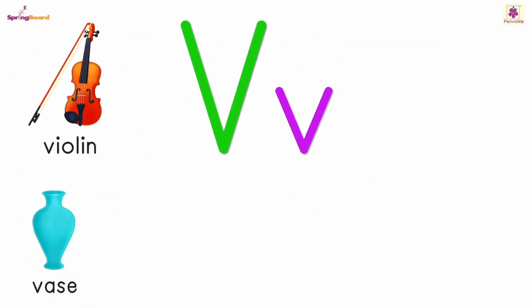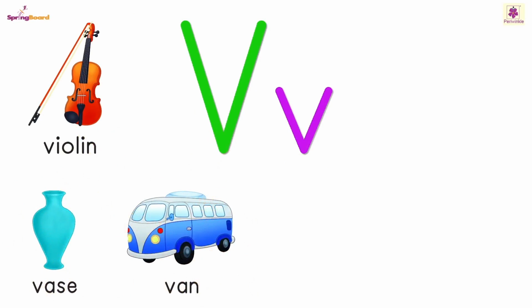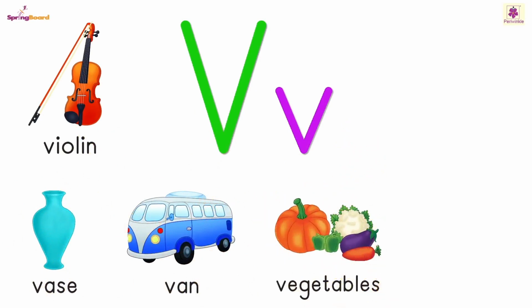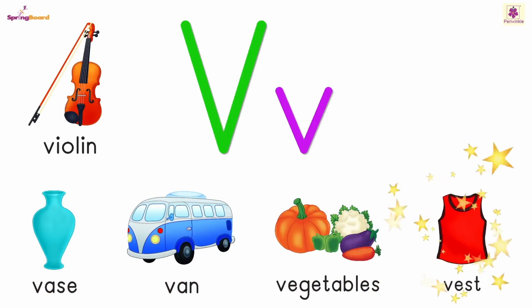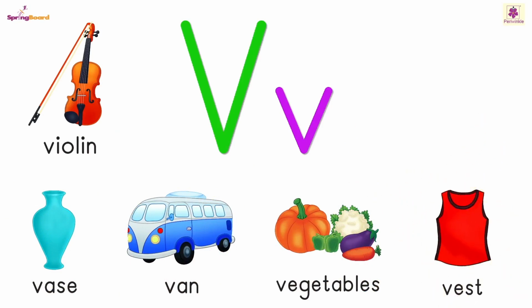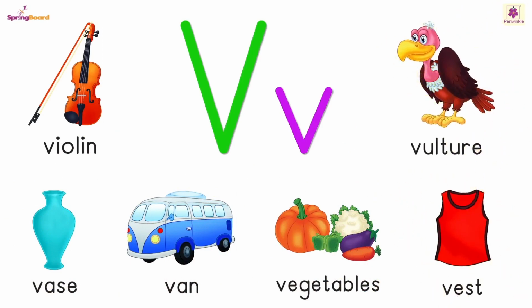Vase. Van. Vegetables. Vest. Vulture. After V comes the letter W.